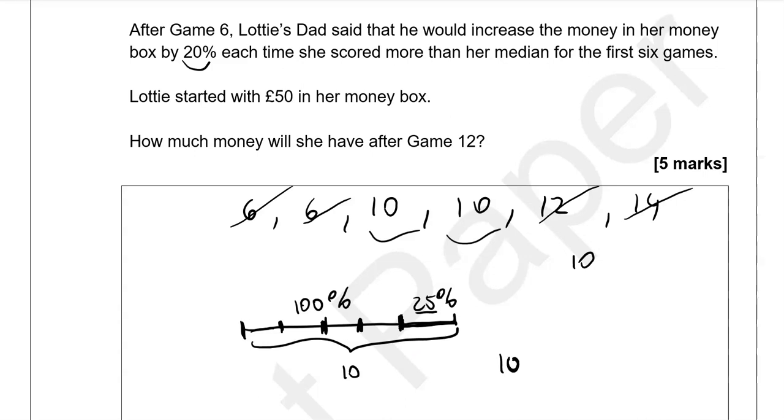So if I split 10 into 5 equal parts, I get 2. So that means this is equal to 2, this is 2, this is 2, 2, 2, and so on. So the increase has been equal to 2. The 100% amount, which is what we are after, is equal to 2 and 2 and 2 and 2, which makes 8.